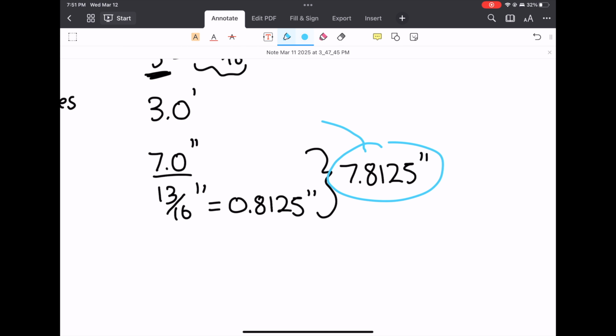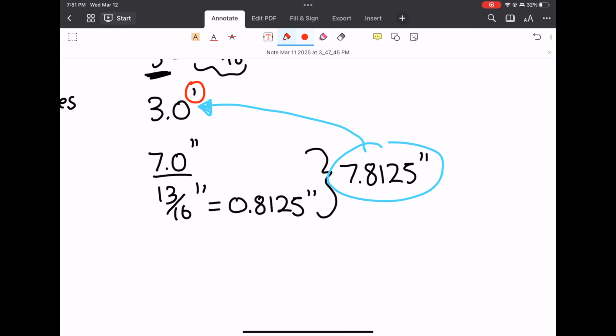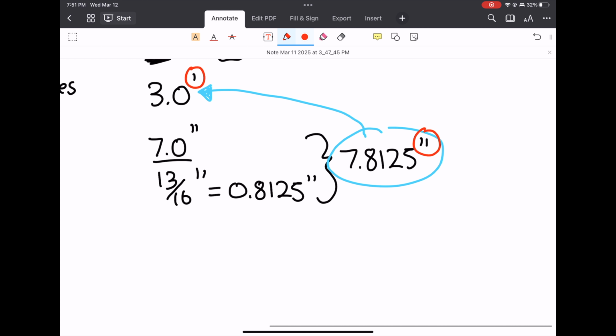Now we have this in inches, but we can't add it to the 3.0 yet because they're two different units of measurement. We have feet here and inches here, and we want it in feet.